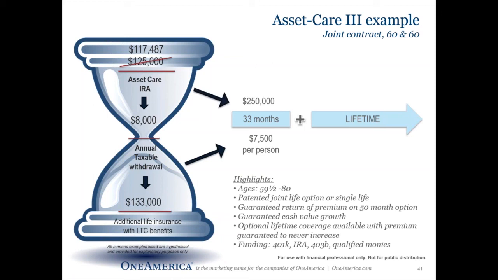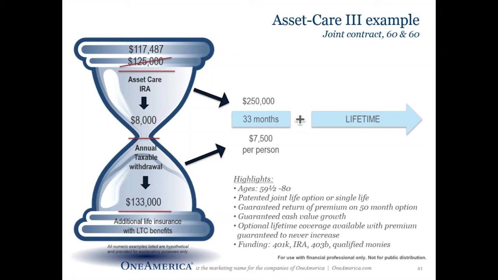That $250,000, gang, is made up of the remaining IRA balance and the 20-pay life contract. So you add 117 to 133, you get 250,000.